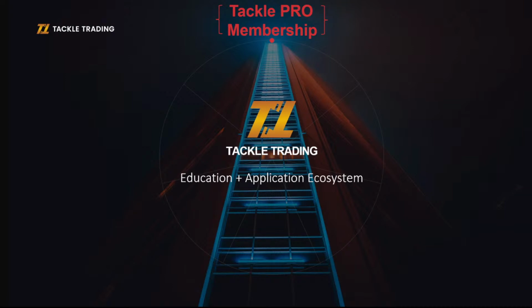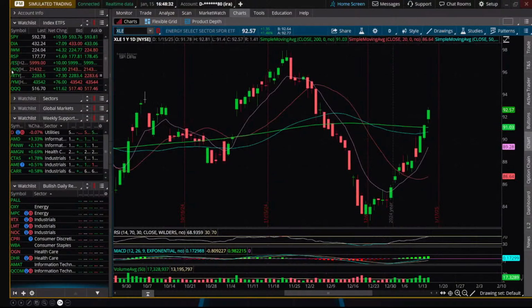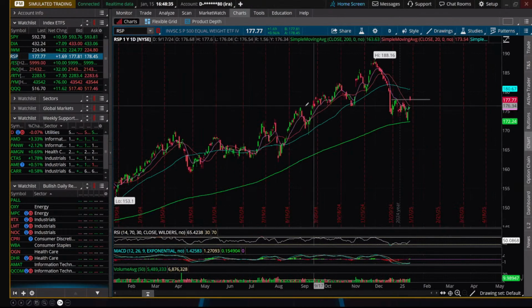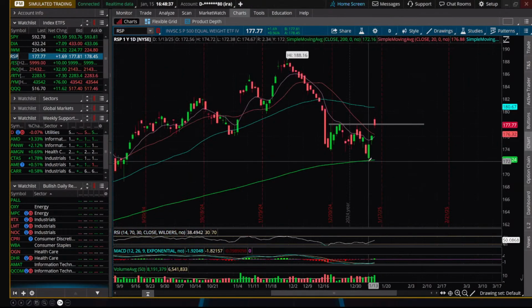Now, with that said, ladies and gentlemen, I just wanted to spend some time tonight teaching reversals, really kind of geeking out on reversal analysis, put it on the radar for our community, go through some case studies, identifying these potential reversals, because once again, do I think the market is in a reversal situation from, for example, RSP? I do. I think we've already corrected. I think we've found a bottom, and I think this is a matter of timing through earnings season and all of that. And yes, I do think earnings season is going to be volatile, but the reality is I just wanted to put these concepts on the radar of our community.